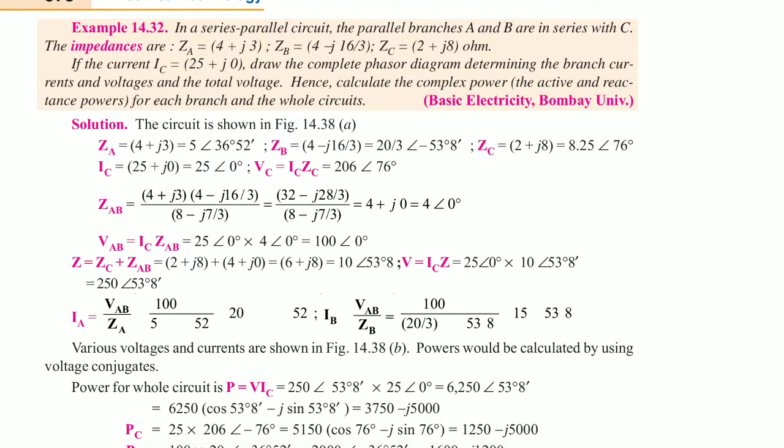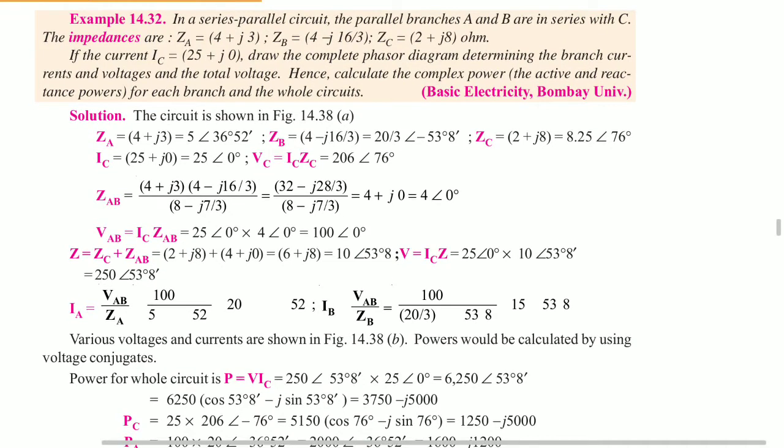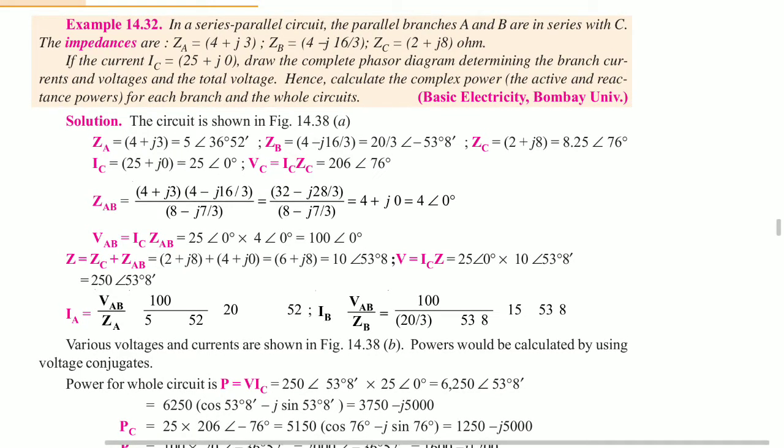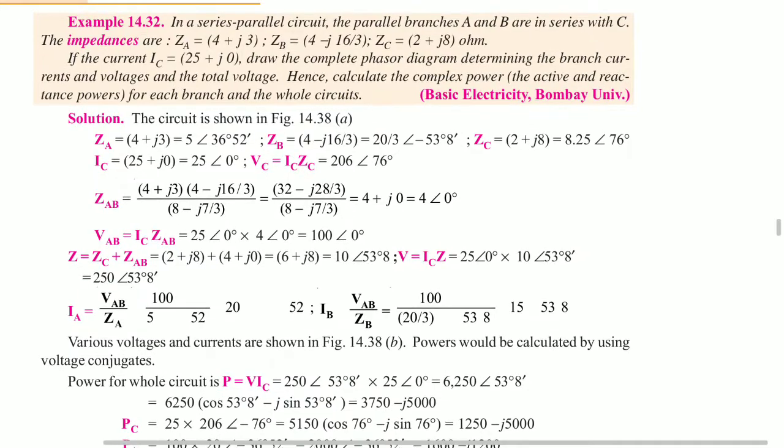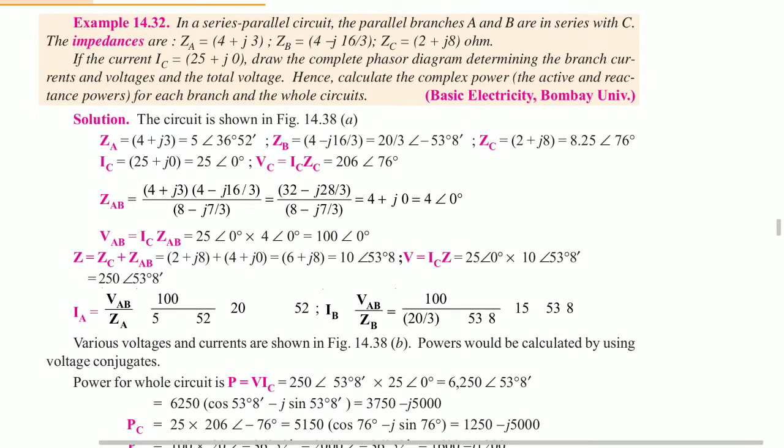the parallel branches A and B are in series with C. So the impedances are ZA is equal to 4 plus J3, ZB is equal to 4 minus J16 by 3, ZC is equal to 2 plus J8 ohms.